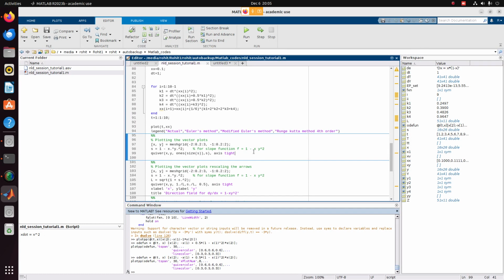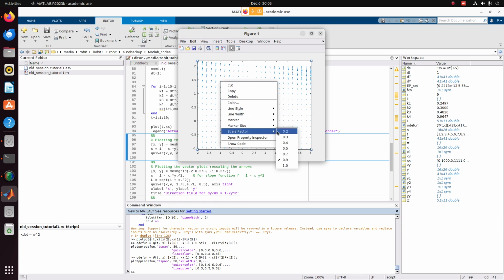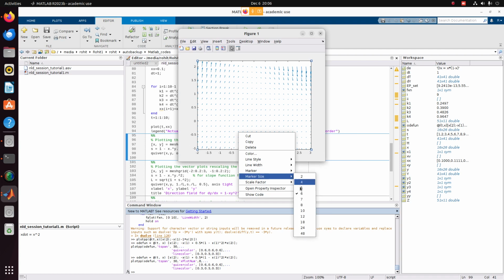Just close that. So you can see the vectors being plotted here. For convenience, I'll zoom in, setting the scaling factor to 1, and the marker size you can increase further.